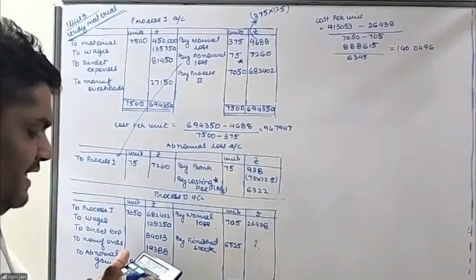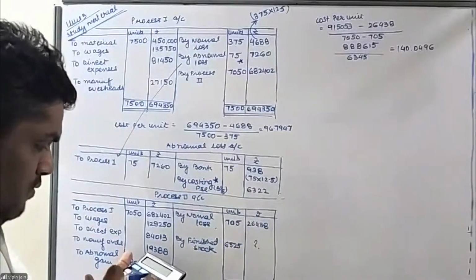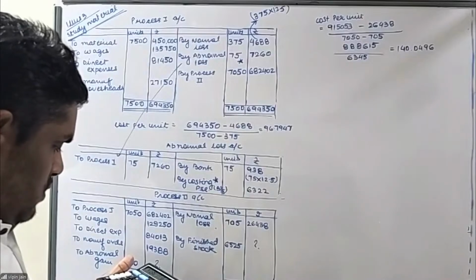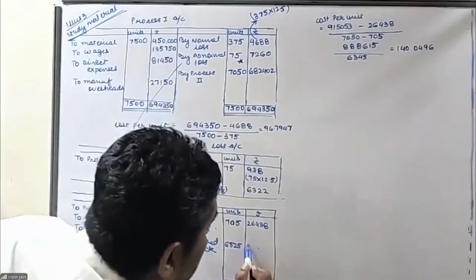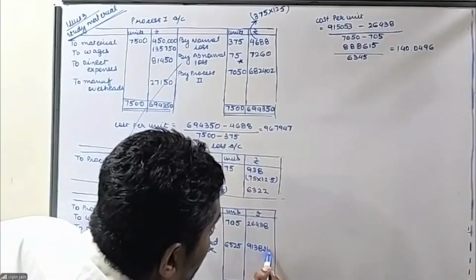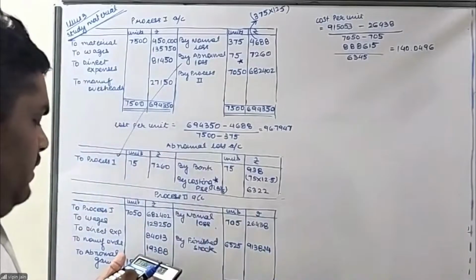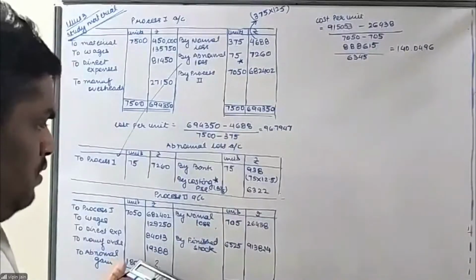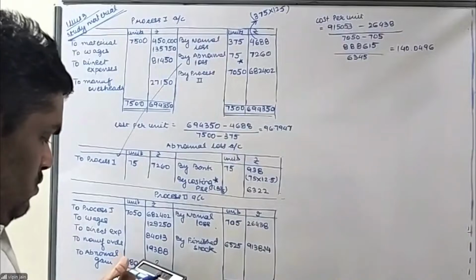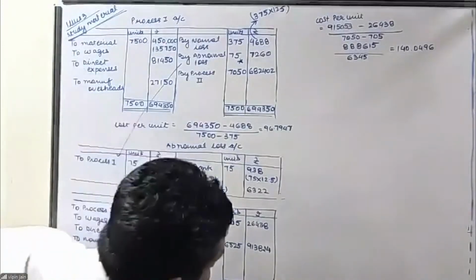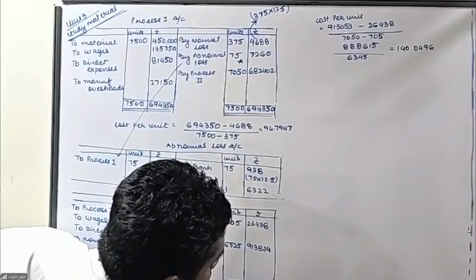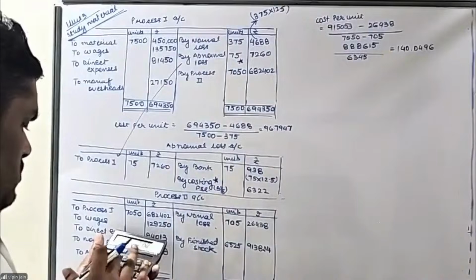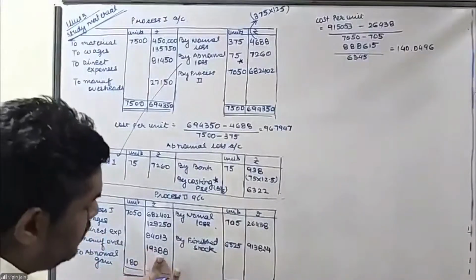If we multiply it by 6525, nine one three 824. This will be 25209.